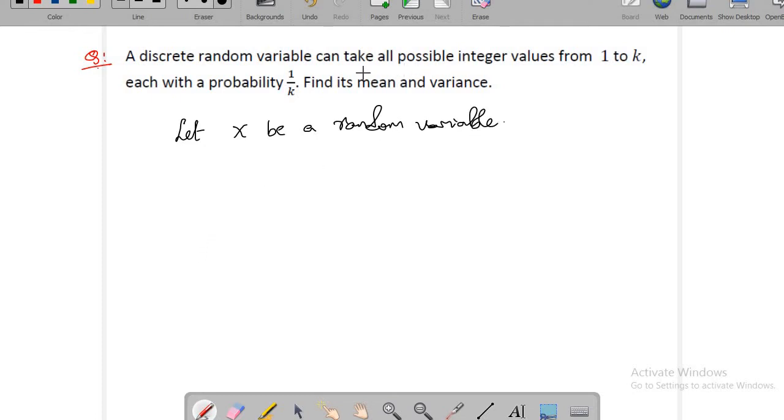And it is saying it is taking all possible integer values starting from 1 to k, and the possible values of x are 1, 2, 3 and so on up to k. Okay, and if you look at the probability, each with the probability 1 by k.